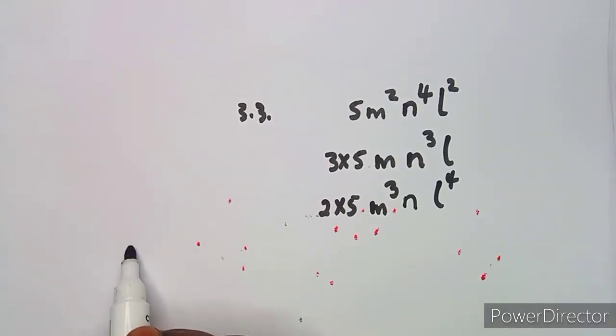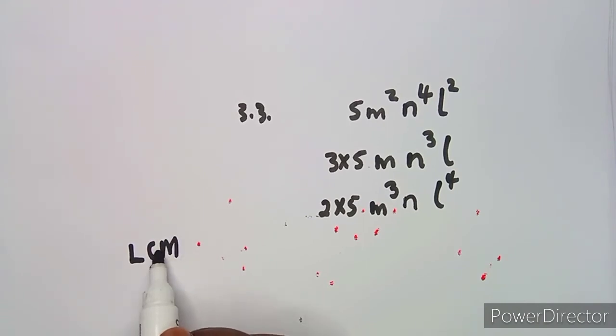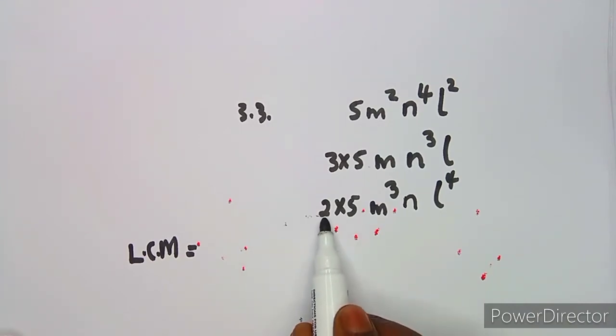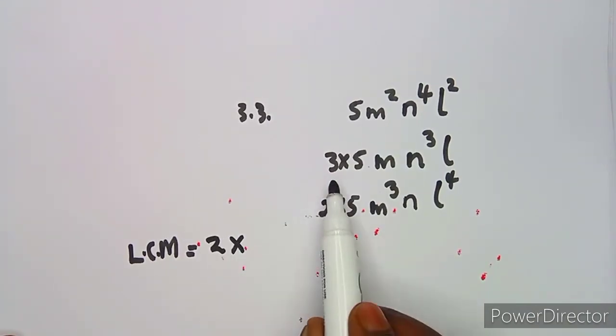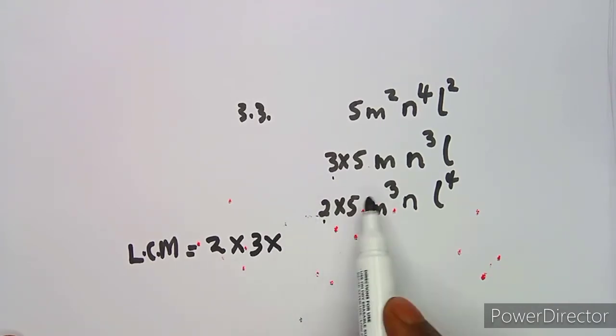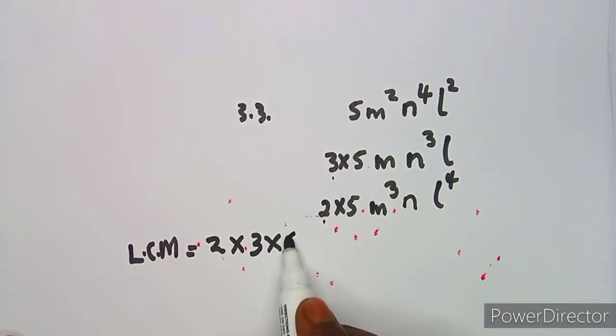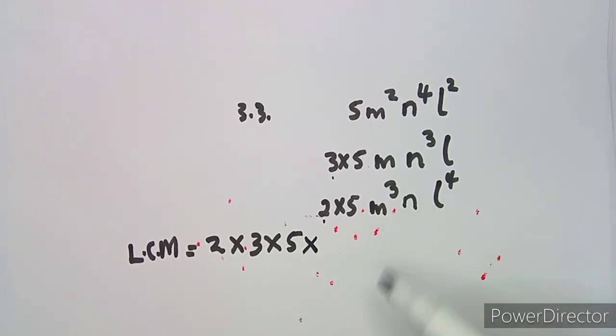Okay, so let's start with the first question, which is the LCM, the lowest common multiple. Then we move on to the HCF. The LCM, guys, you take every term that is present. We have 2, we have 3, and 5 is common, we just take it as it is. We do not repeat terms. When referring to these letters, you take the one with the highest exponent.